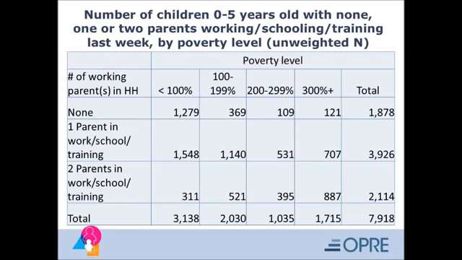Of course, there are a variety of ways to have one working parent. One of them is to be in a single-parent household where that one parent works. Another is to live in a two-parent household where one of the parents is engaged in work-related activities.